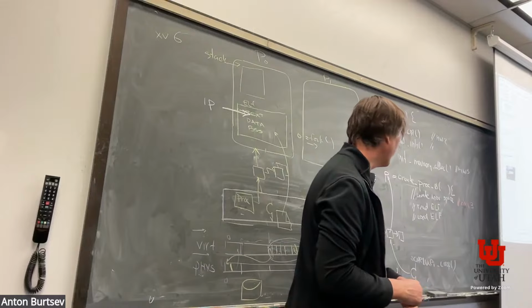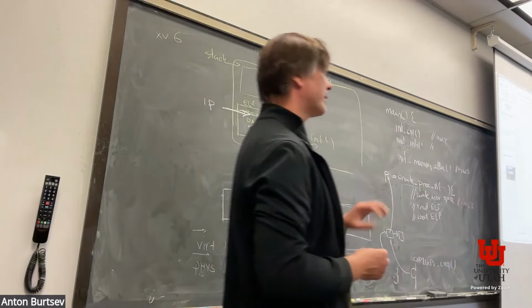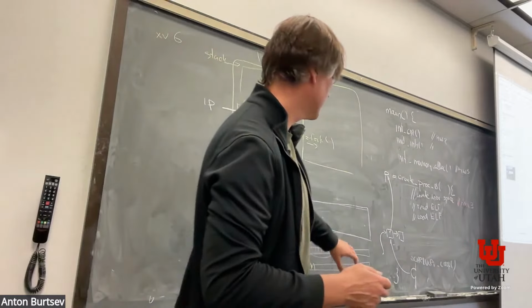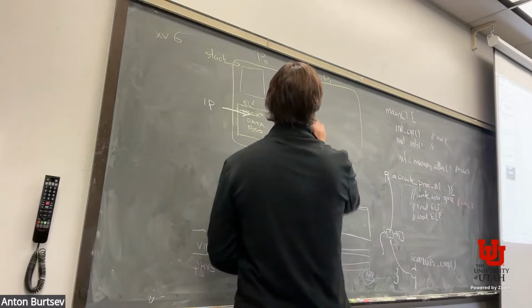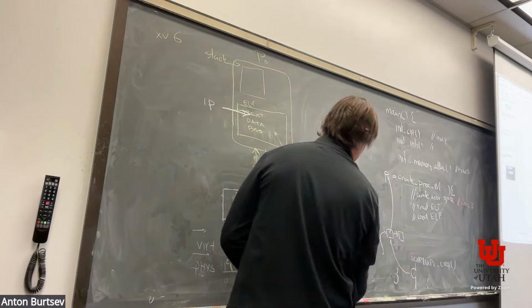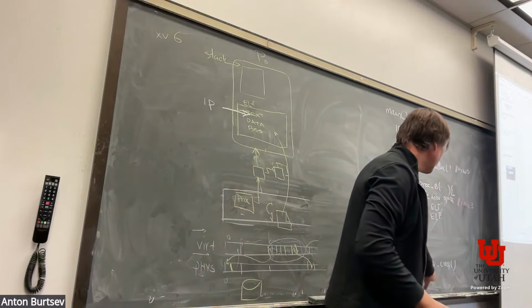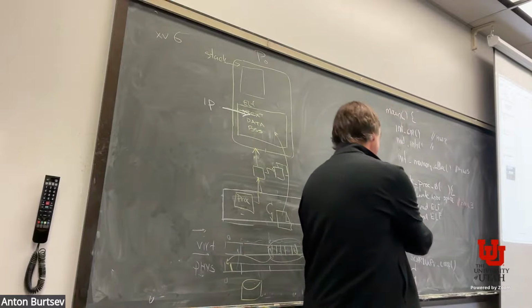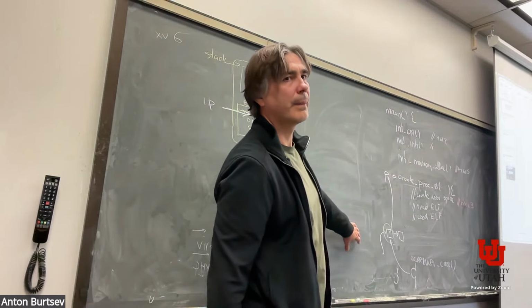Let's think about for a second, what does it mean to switch? I'll probably just trace this one for a second. Continue. What does it mean to switch? What happens in this scheduler when it says, okay, I figured out the next process to run? What is it I want to do?